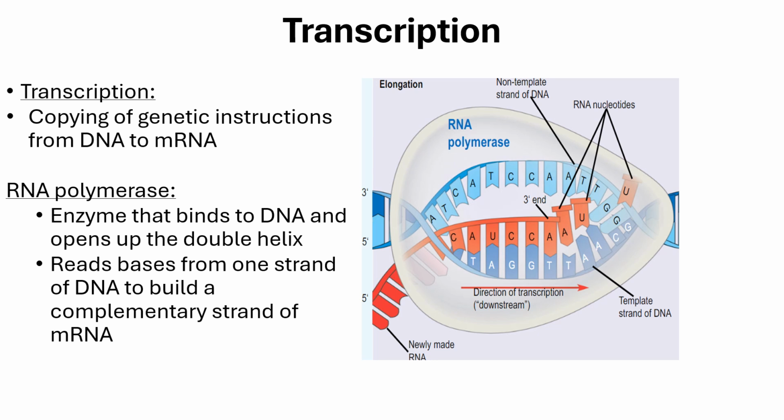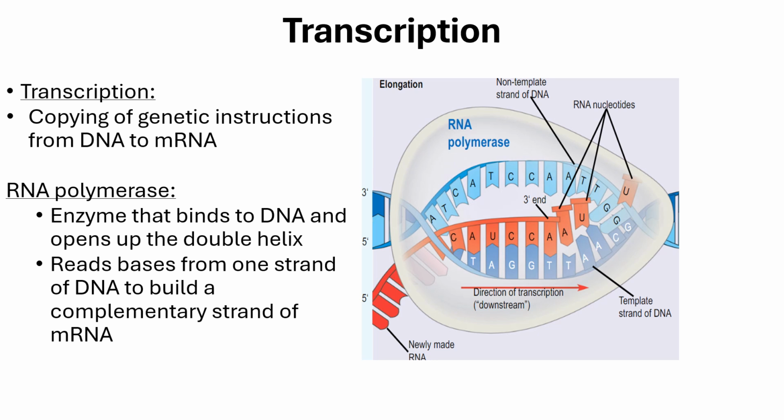Transcription is the process of copying information from the DNA and creating a complementary molecule of mRNA. Transcription happens in the nucleus. There is an enzyme called RNA polymerase, which is the enzyme responsible for transcription.